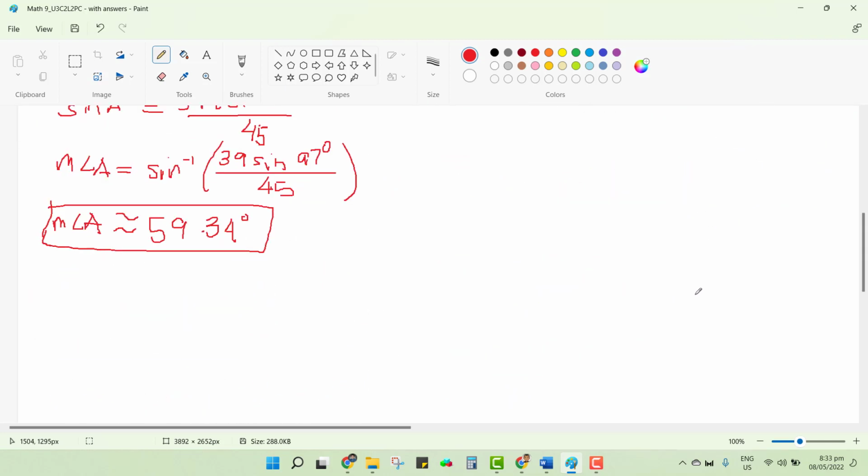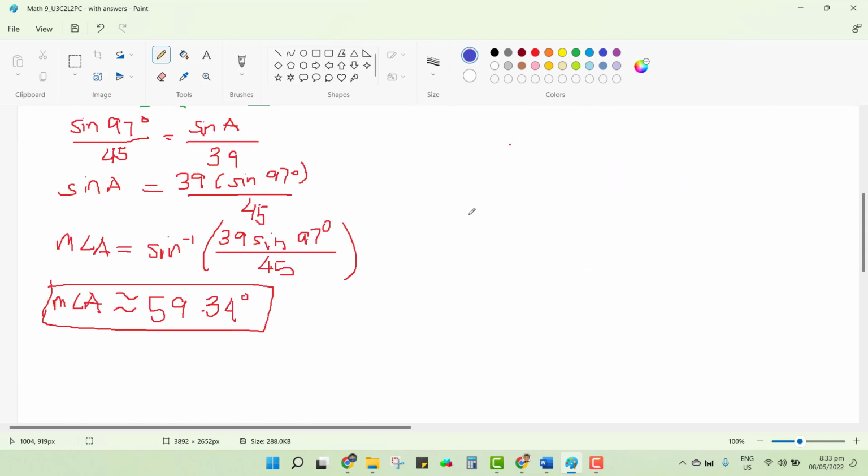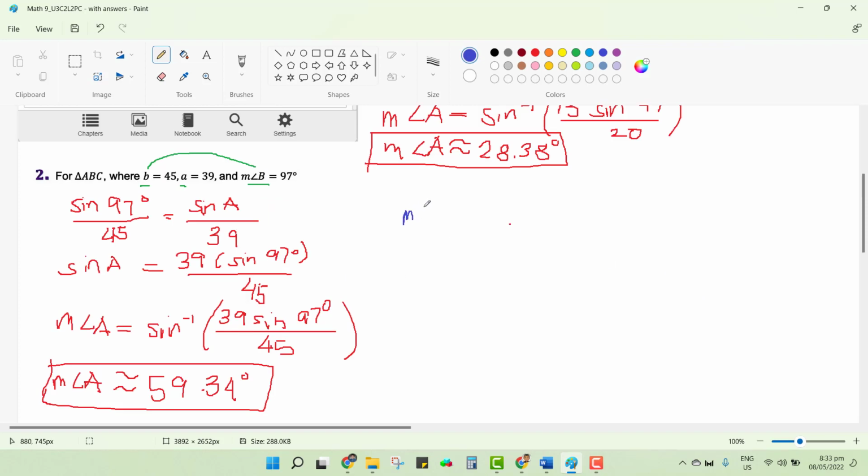Earlier, it was angle B. Again, using the triangle angle sum theorem, the measurement of angle C must be equal to 180 degrees, the total of the three, less the given and the solved value. So you have minus 97 degrees minus 59.34 degrees.